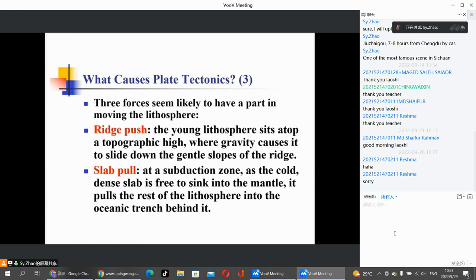The second force is the slab pull at a subduction zone. As a cold, dense slab is free at such a zone, it is free to sink into the mantle. It pulls the rest of the lithosphere into the oceanic trench behind it.